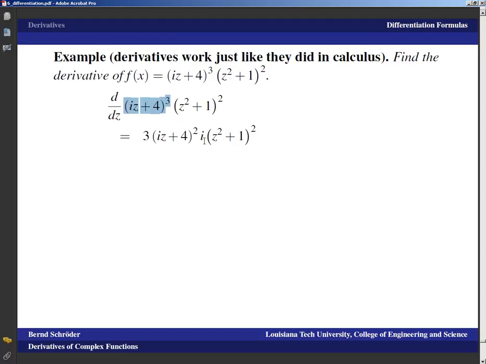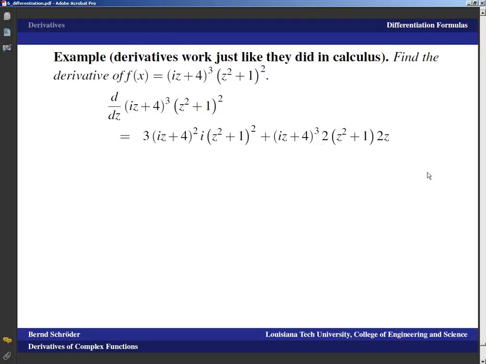times i, and that's by the chain rule, times the second function, which is (z squared plus 1) squared, plus the first function copied times the derivative of the second, which by the chain rule is 2 times the inside, z squared plus 1, times the derivative of the inside, which is 2z.